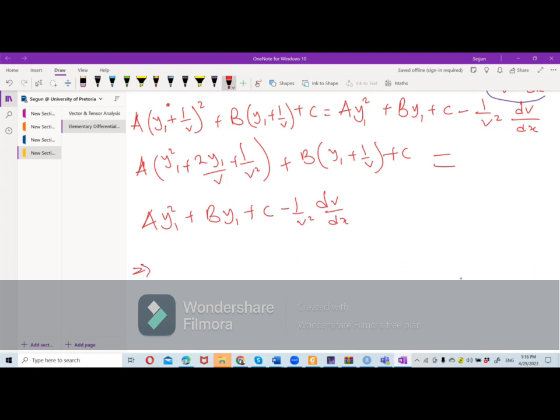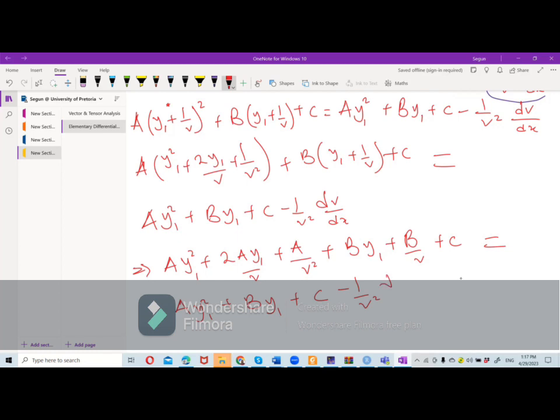Which implies a y1 squared plus 2a y1 over v plus a over v squared plus b y1 plus b over v plus c equals the same thing.